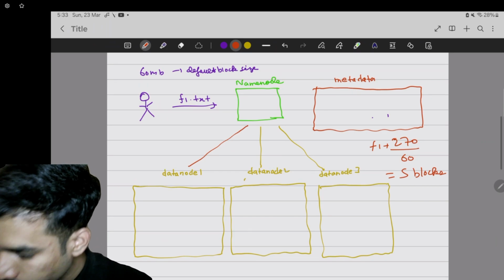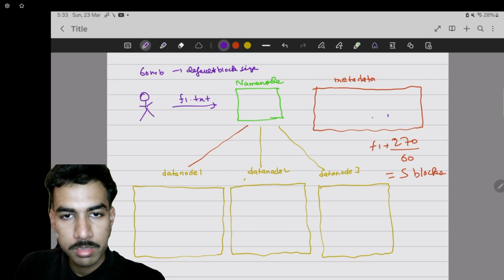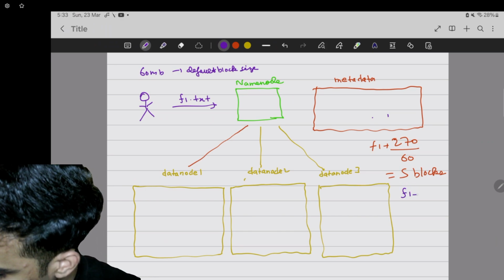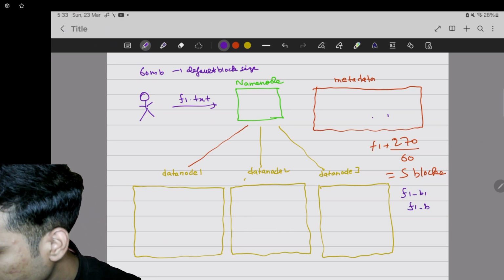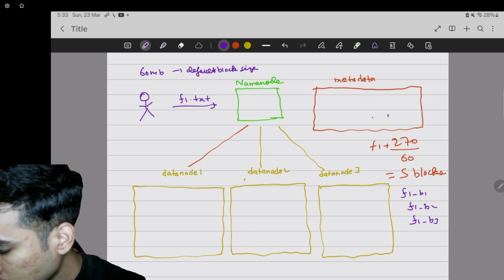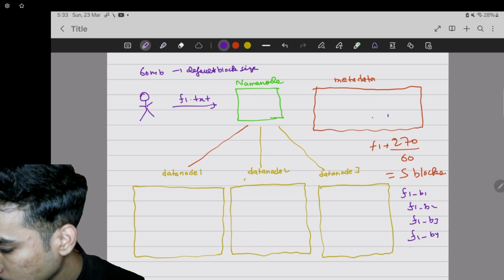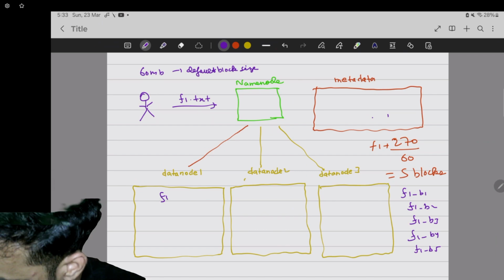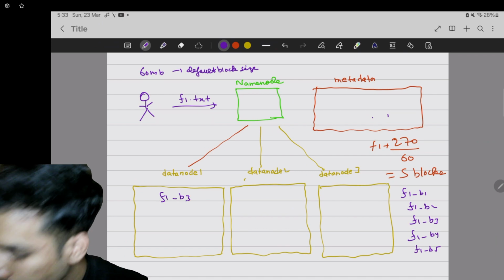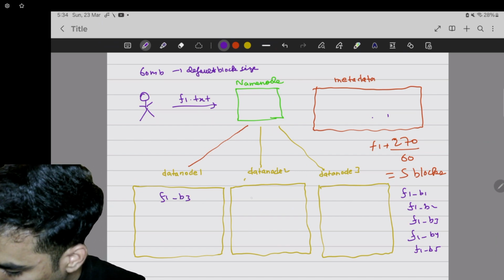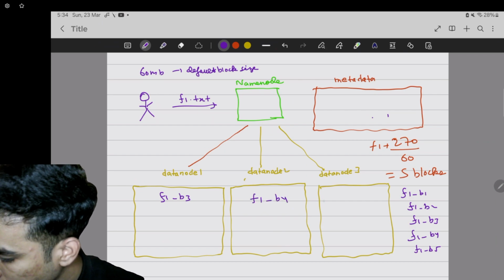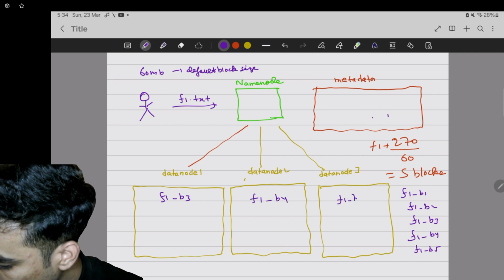5 blocks means, now when I have 5 blocks, I can have F1 B1, F1 B2, F1 B3, F1 B4. Are you understanding? F1 B5. These are my blocks. So let's say F1 B3 gets stored here, and F1 B4 gets stored here, F1 B5 gets stored here.